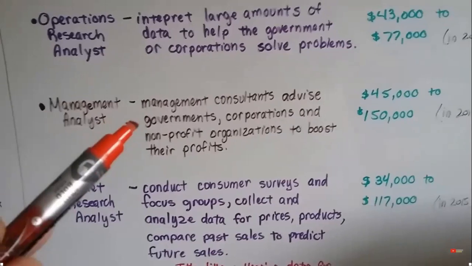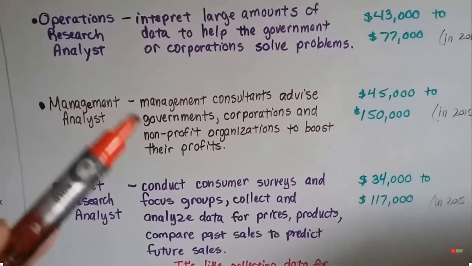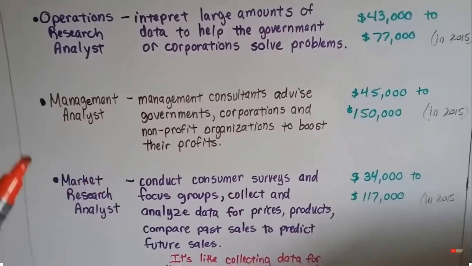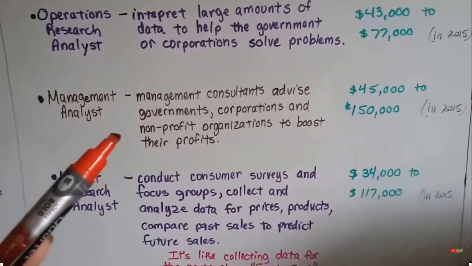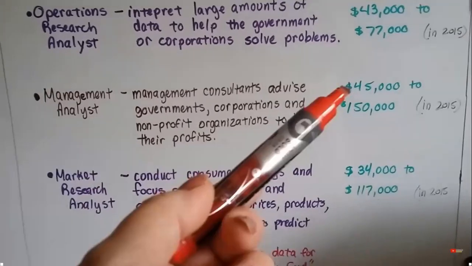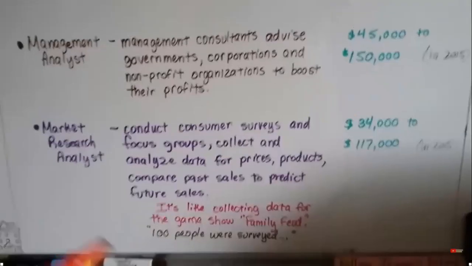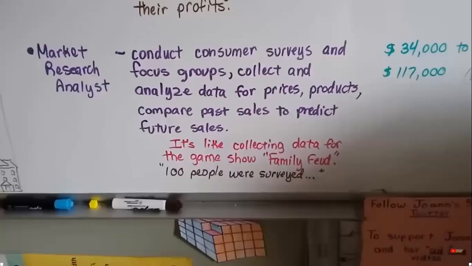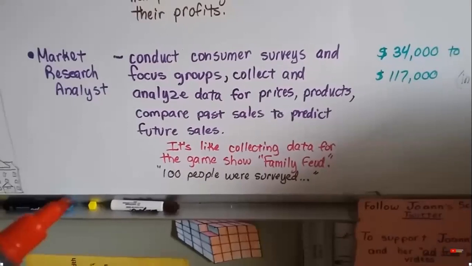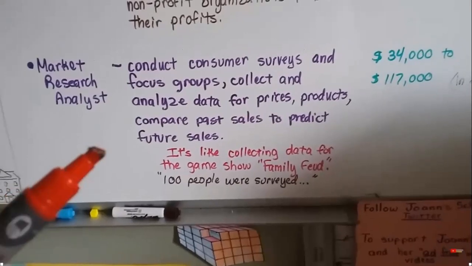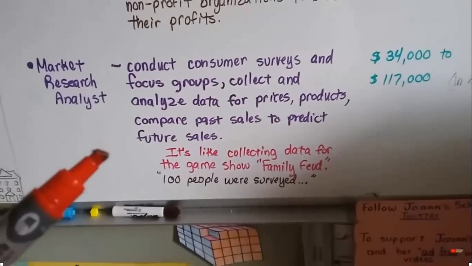And they advise governments, corporations, nonprofit organizations, like churches and stuff like that, to help them boost their profits. They can make anywhere from $45,000 a year to $150,000 a year if they're really good.